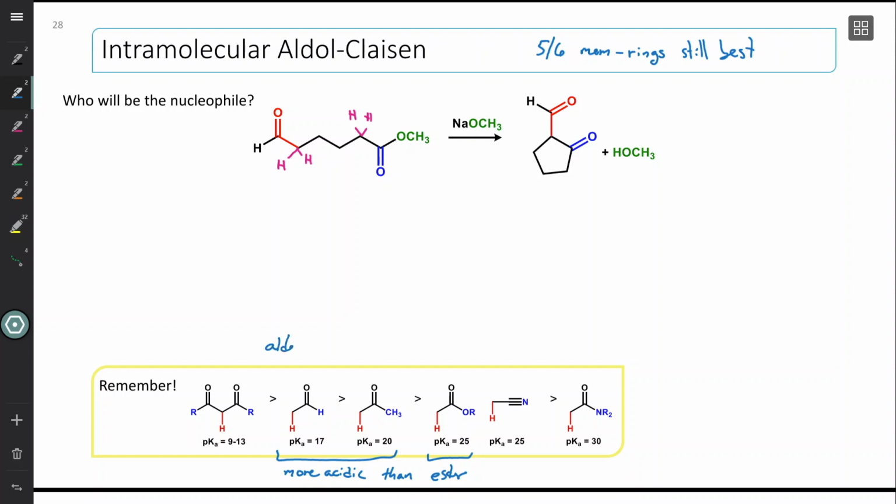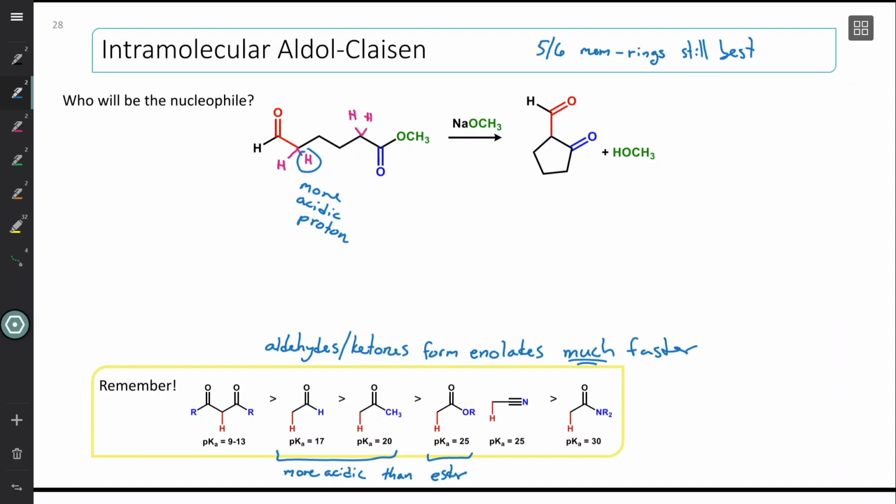Okay, so that means that they will form. So aldehydes and ketones form enolates much faster, really much faster. So in this case of an intramolecular, usually this is going to be the more acidic proton.